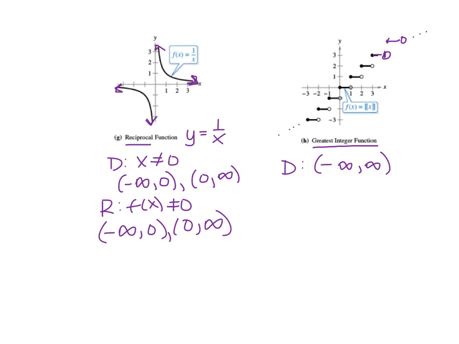Here on that far left-hand side, your output can equal negative 3, but then it can only equal negative 2, and then negative 1, and 0, and so on. For your range, what that indicates is that your range values are integers only. And then we can move them around. We can stretch those segments from left to right a little bit, and we'll practice more work with greatest integer functions tomorrow.